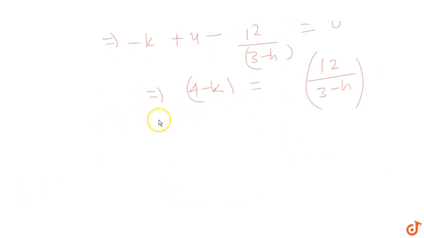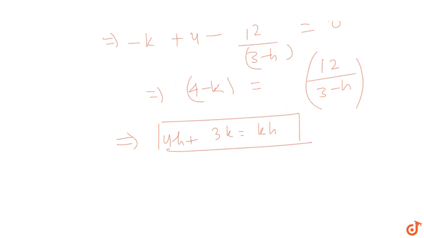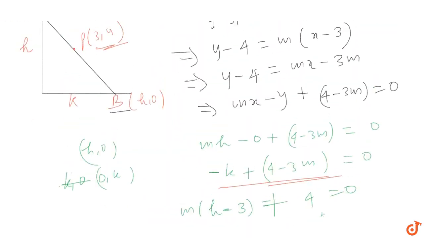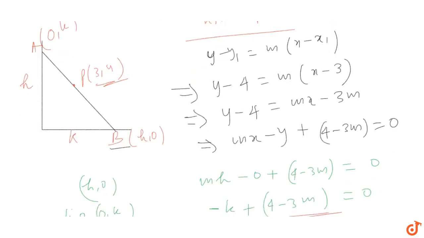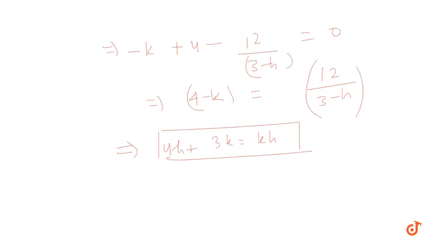Now if we simplify this equation, we will get the simple equation 4h plus 3k equals kh, isn't it? And from the first equation we got h plus k equals 14.